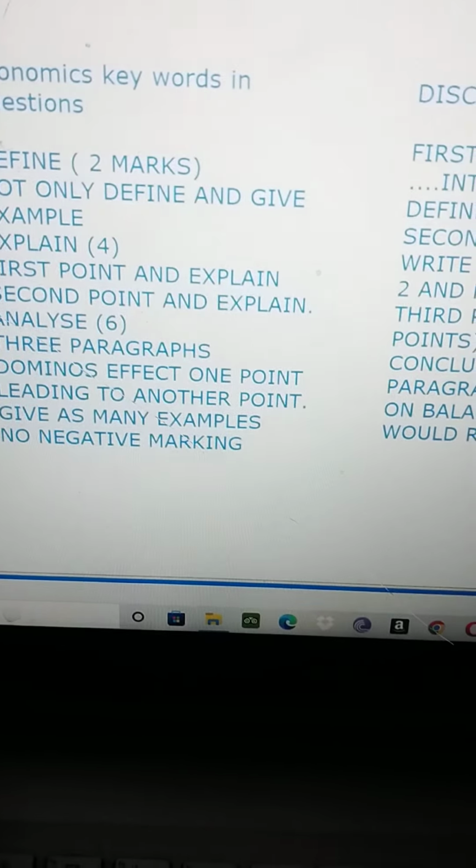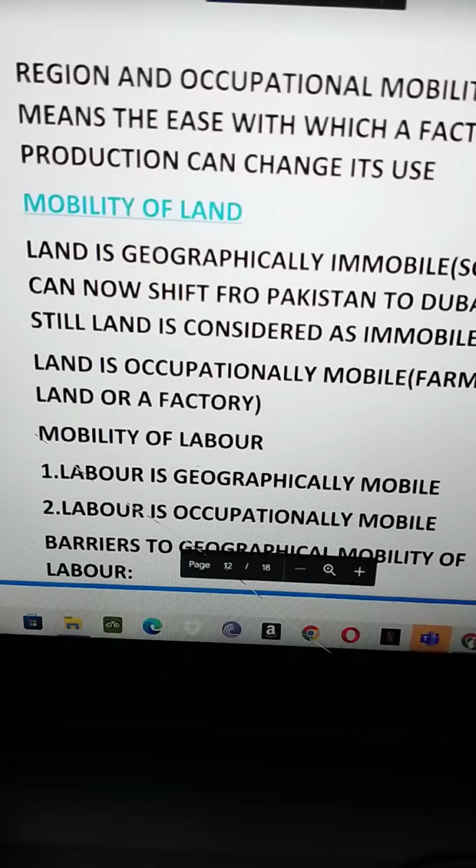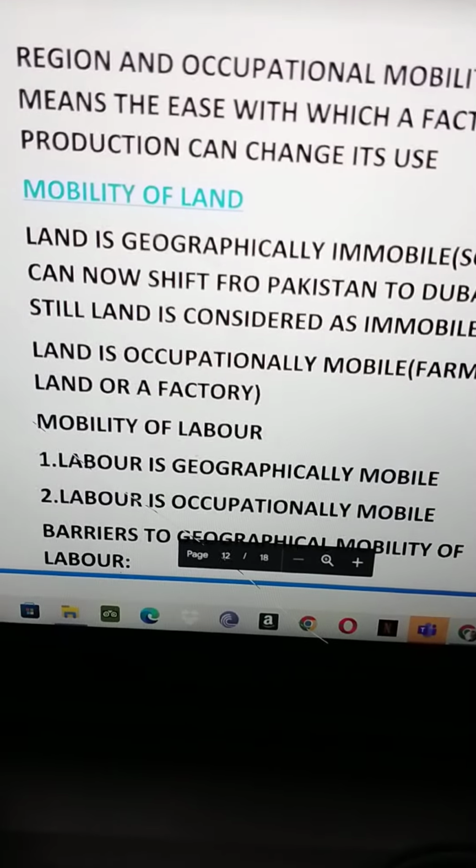Then we have some barriers. What are the barriers in the way of the geographical mobility of labor, for example? Family ties, problem of accommodation, visa problems, financial problems. All these things are there. When we talk about occupational mobility, it means the ease with which you can change the use.